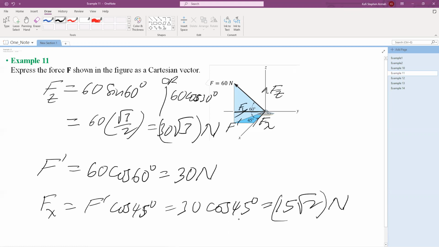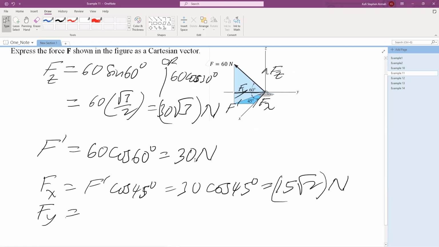For the FY, you can decide to write this as a magnitude so that you don't bring in the negative sign. Then when you are writing with i, j, you bring the negative sign in if you want. You can neglect the negative for now. So let's call FY the magnitude.